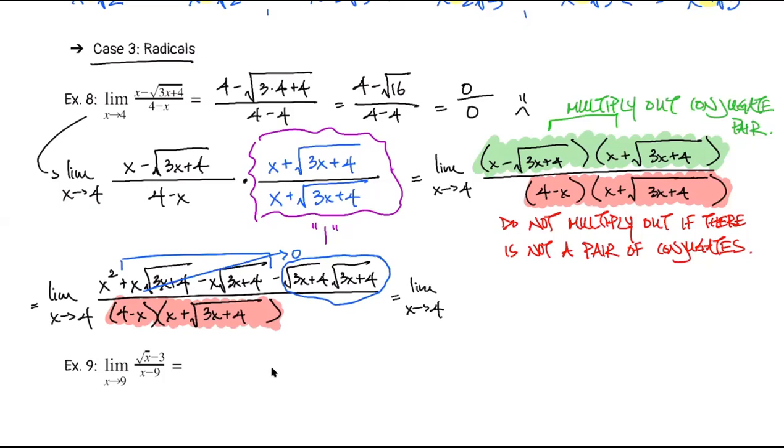So what we get in the numerator is we have x squared. That was that very first term that we didn't do anything to. The next two terms went to 0, and then this last term, something times itself, became 3x plus 4. Just that something, no square root. Okay.